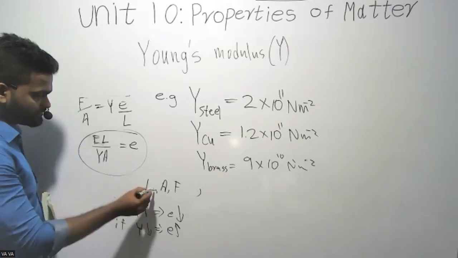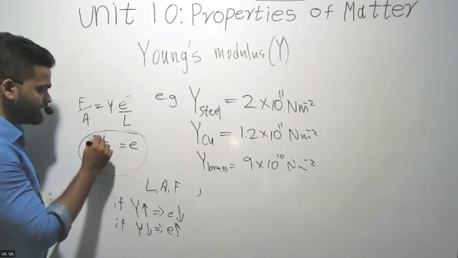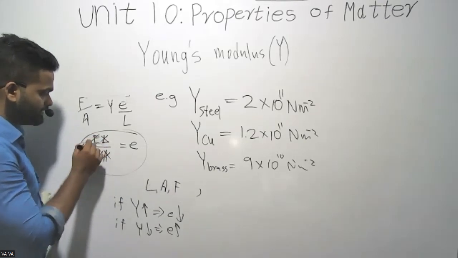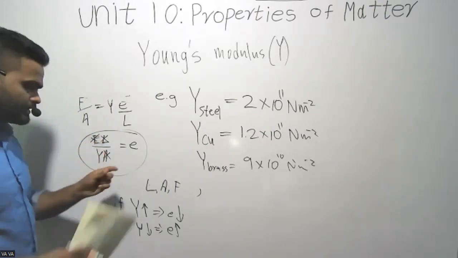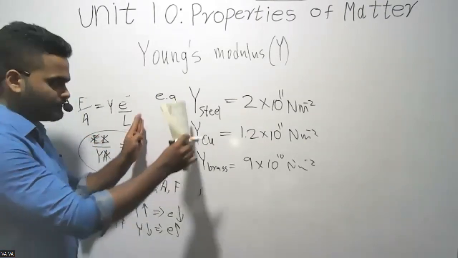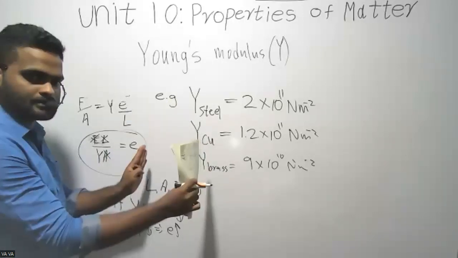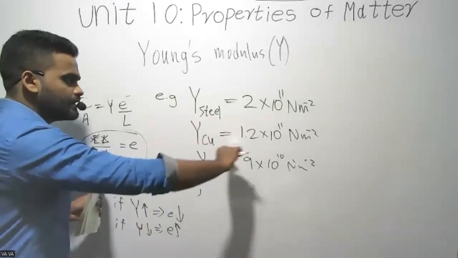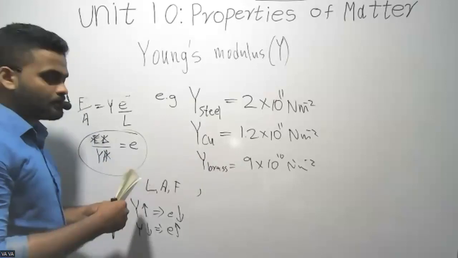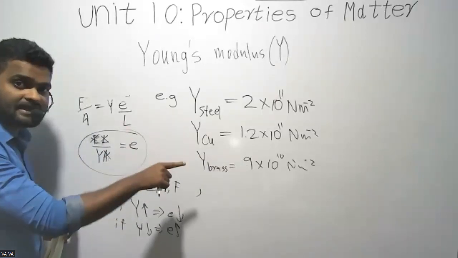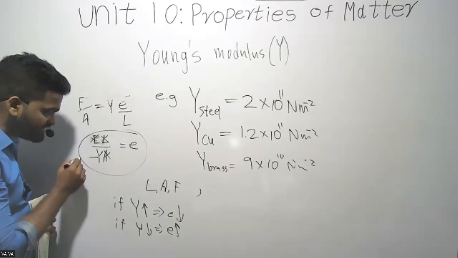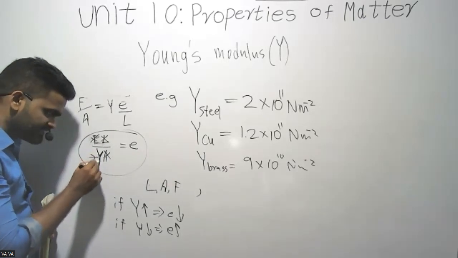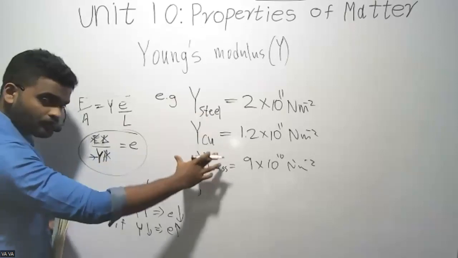When these are constants, L, A and F. So you are applying the same force on a rod. Same rod, if you compare the two rods and if you apply same force, but the rods are made of different materials, meaning only Y changes. Only Y is the variable when you are comparing two rods.